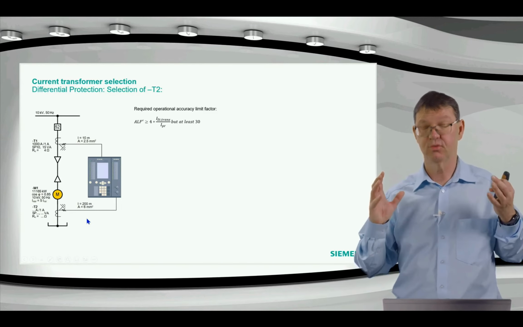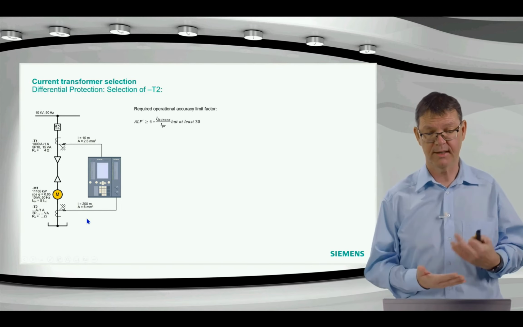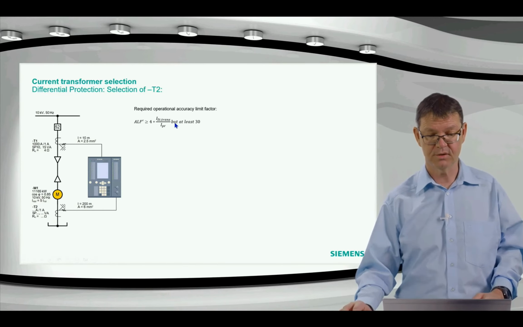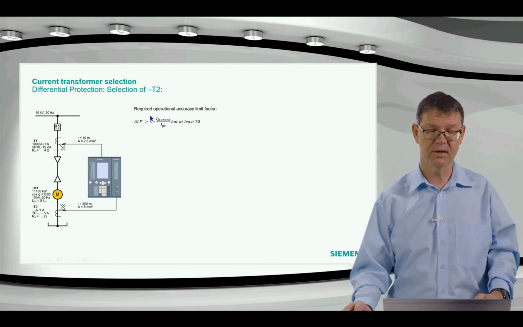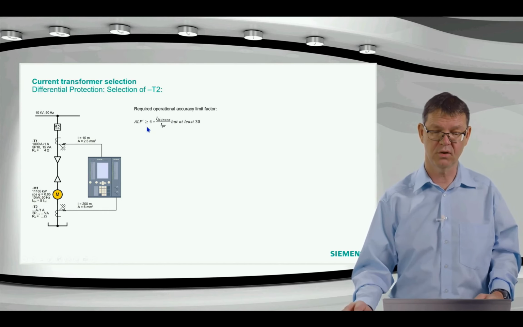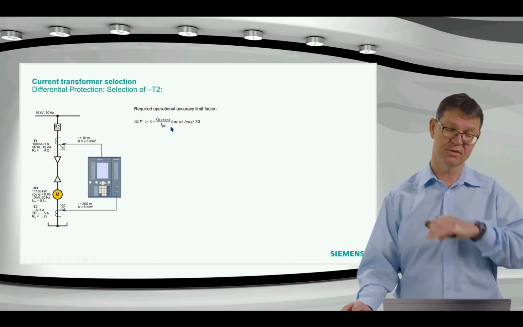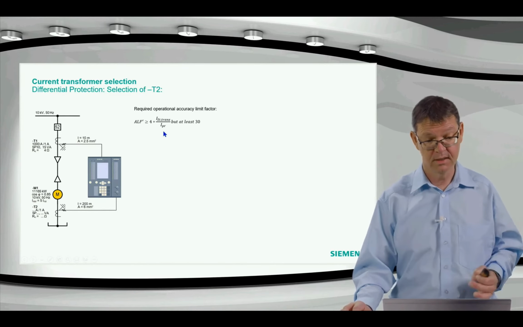Again, we need to look into the manual. The required operational accuracy limiting factor is now the starting current divided by the primary current times 4, the transient starting current divided by the primary current. So it's not a threshold, it's the real current.